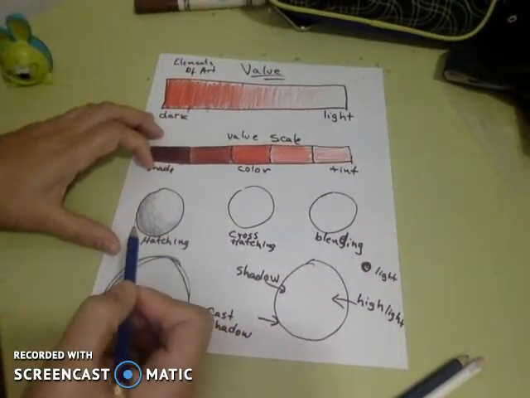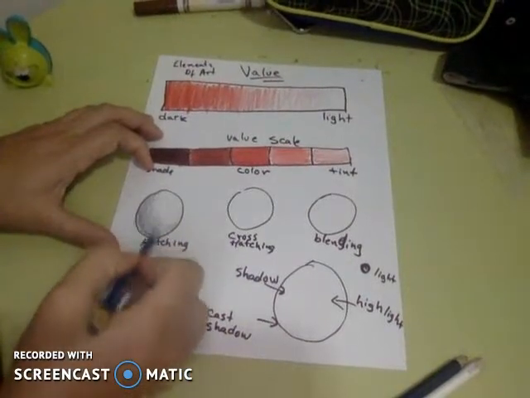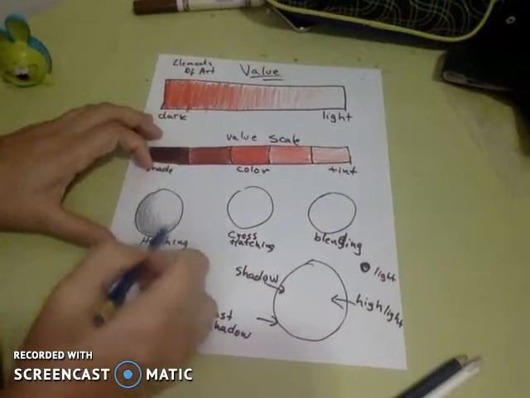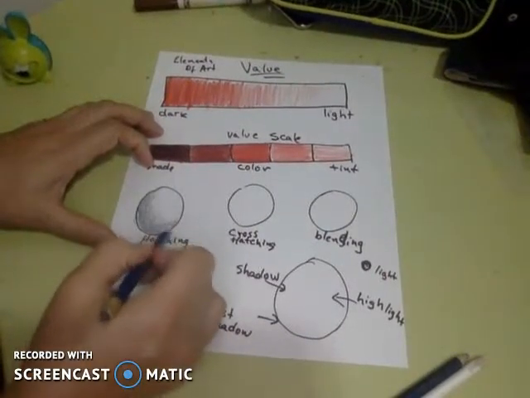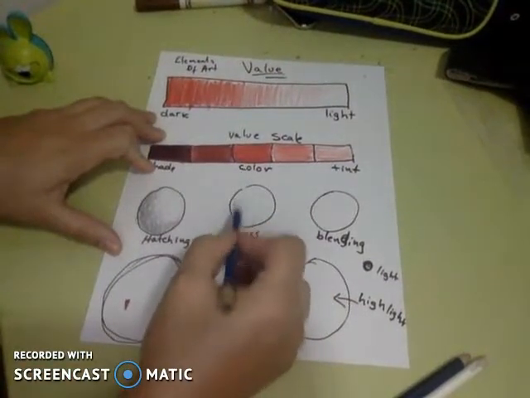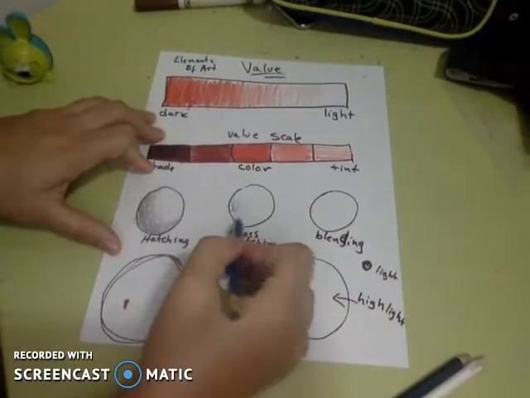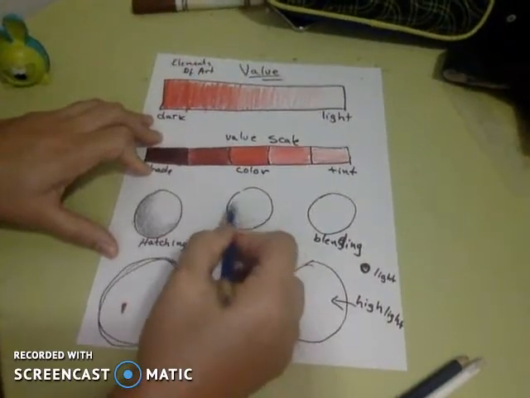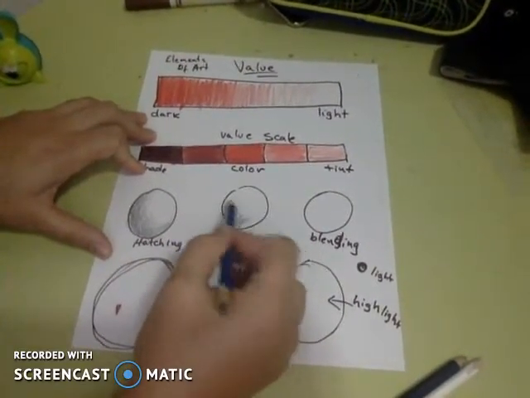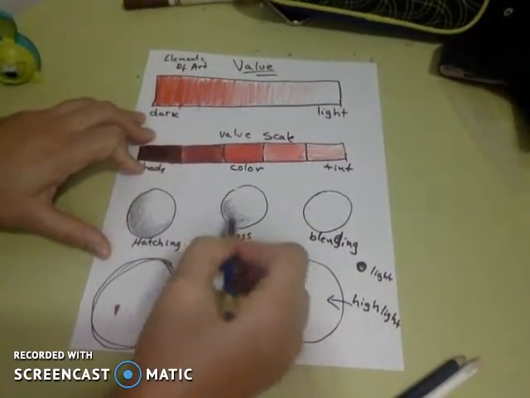That is hatching because it's only lines that are parallel, let's say. Then cross-hatching, it goes across. So it goes both ways. So horizontal, vertical.